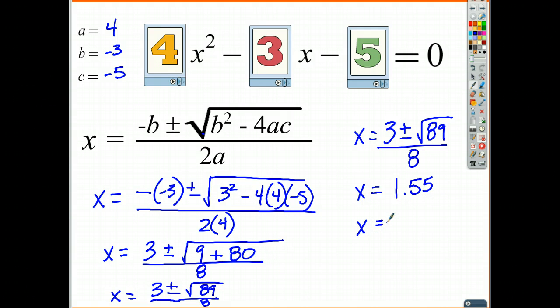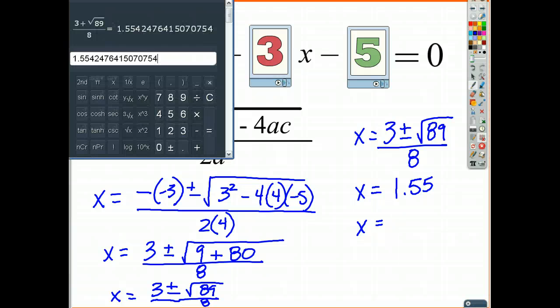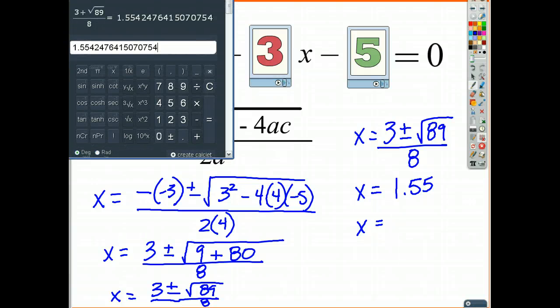Or x is going to be equal to, and let's bring that calculator back again. Drag it up here so I can grab it again. I've never used this one, so let's see. I'm going to edit it. Negative square, no, that doesn't work.